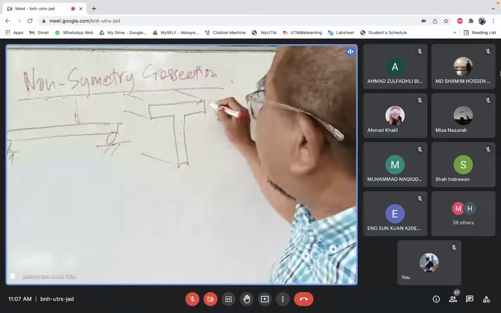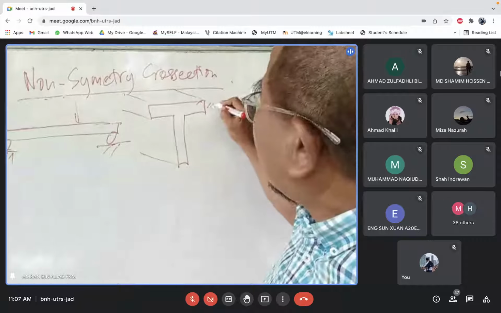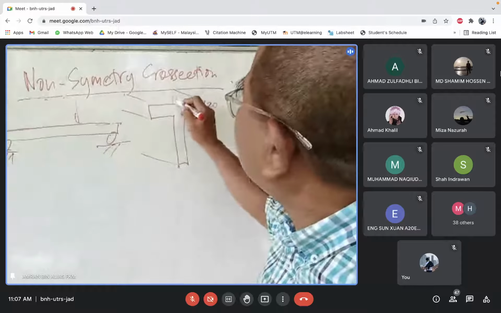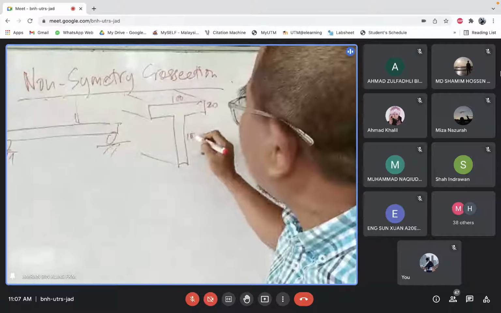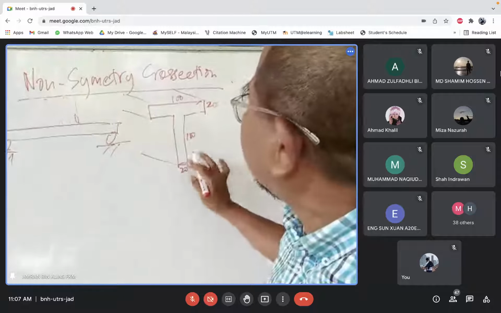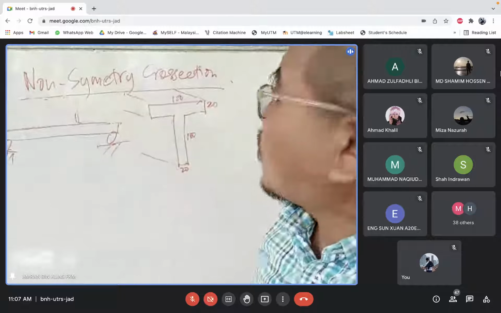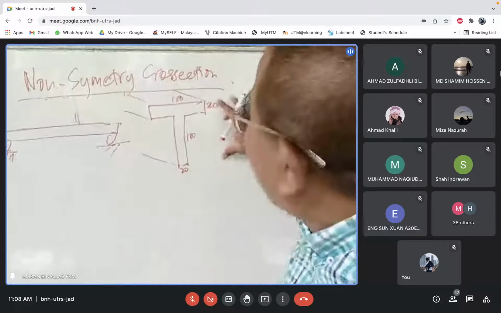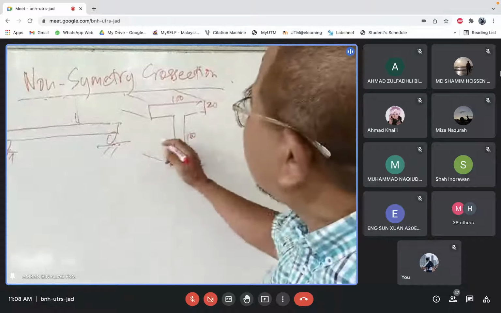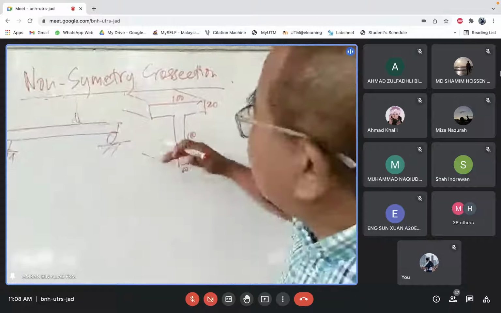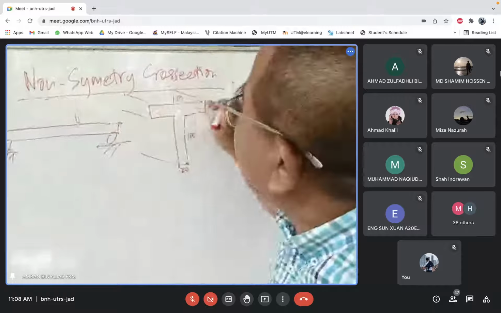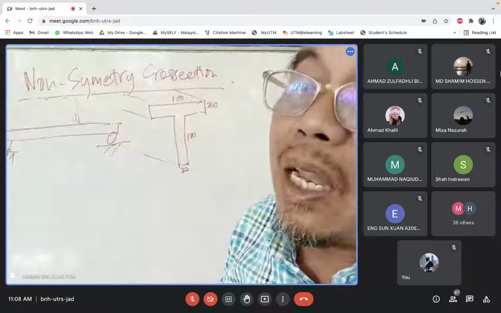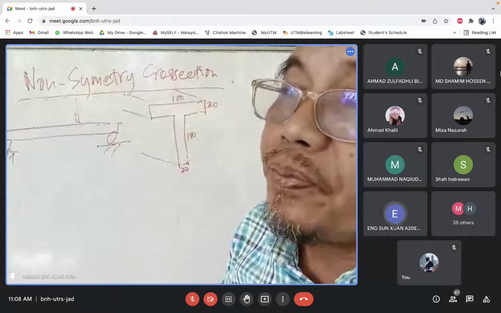Let's say this is 20 and this is 100. So 100 times 20 and 100 times 20. The height is 120, but the neutral axis is not at 60 anymore. It must be close to the top because all the area is on the top there. Are you with me? Yes.